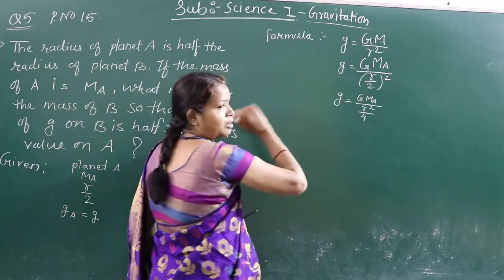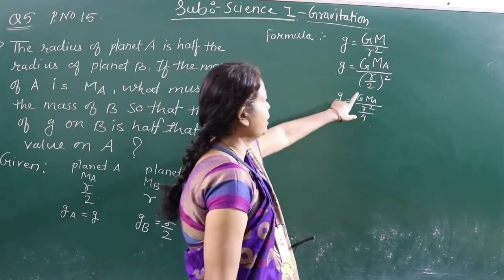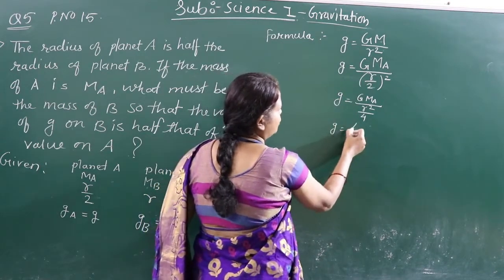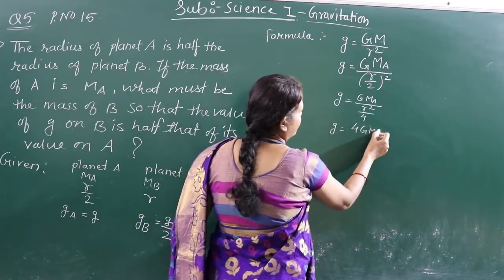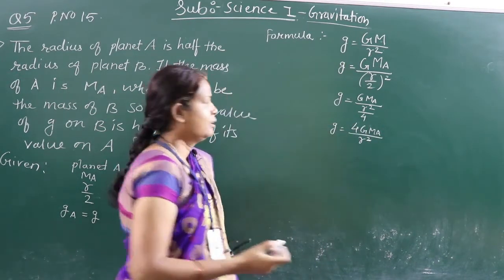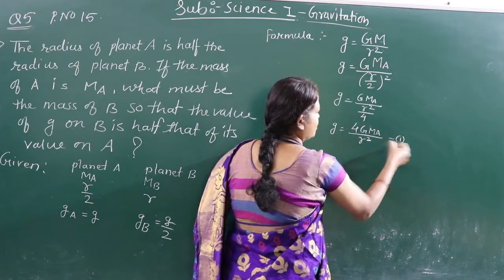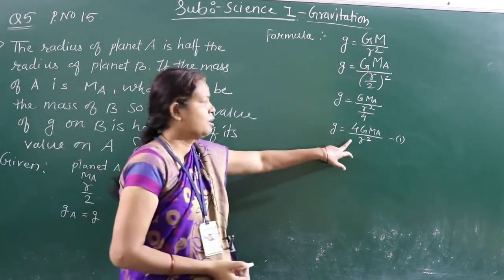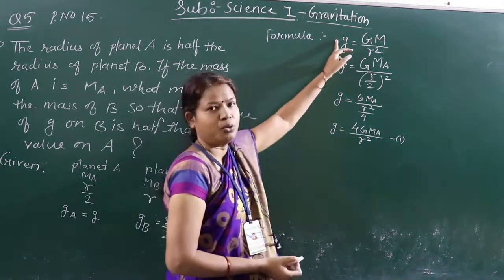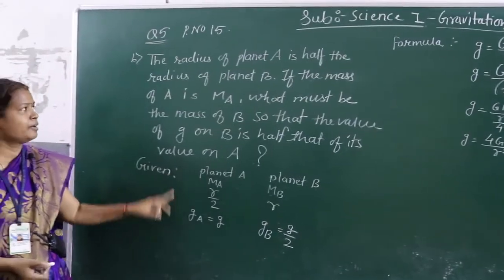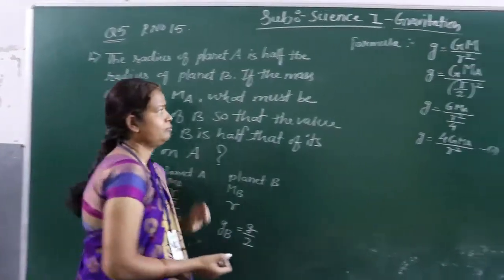After manipulation we put this 4 into the numerator, so it becomes g is equal to 4 G M_A upon r square. This is your equation number 1. Understood how we got this equation? Because of this formula. All these values are already given in our example.